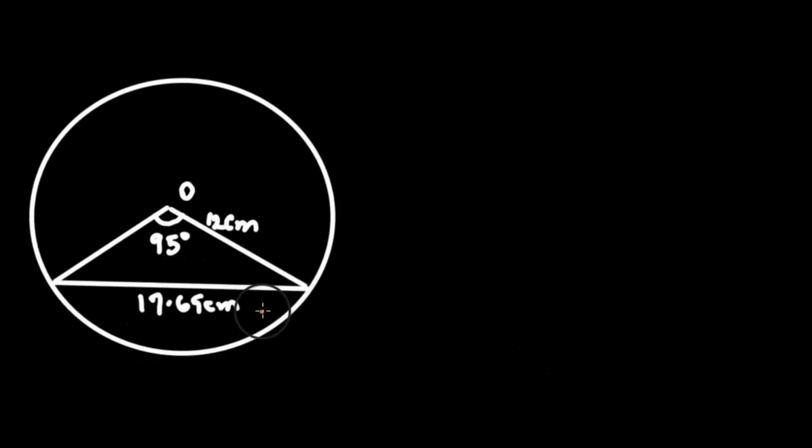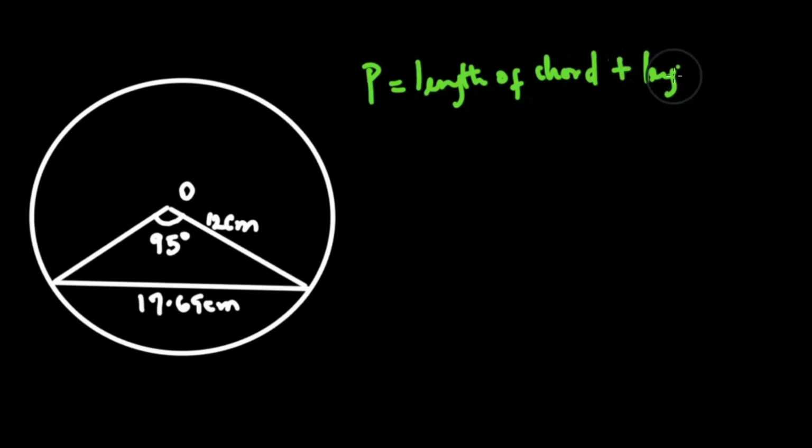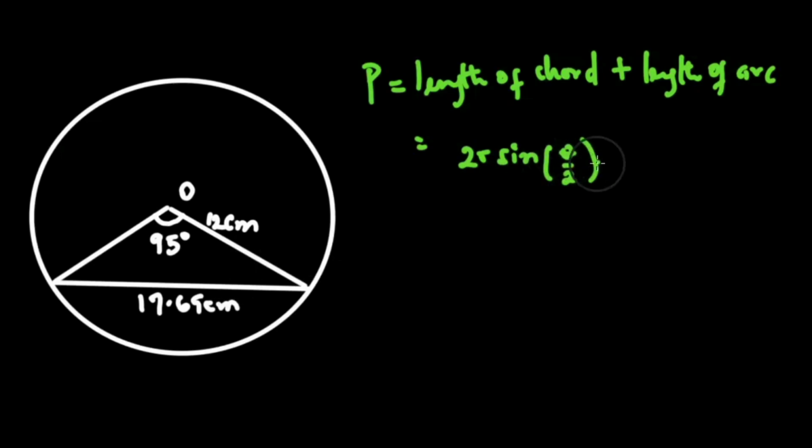So now, how do we calculate the perimeter of the segment? The perimeter of the segment is simply the length of the chord plus the length of arc. The length of chord is 2r sine theta over 2, which is what we've already calculated. Then length of arc is theta over 360 times 2 pi r.